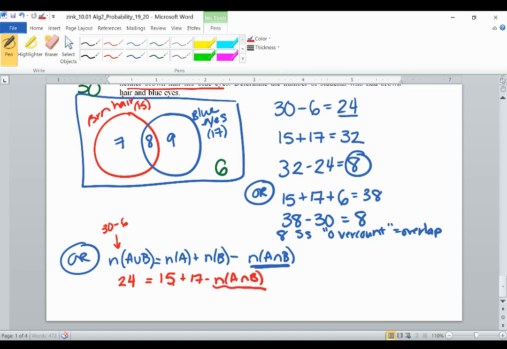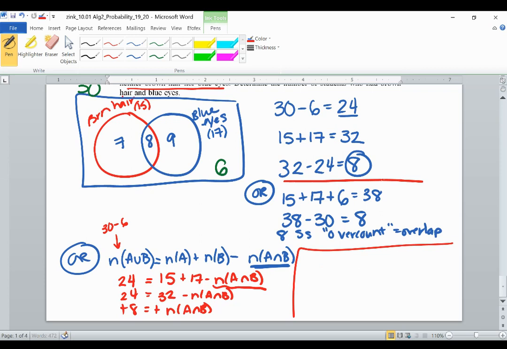So I would take my 15 plus 17, which is 32, and then subtract that over to the other side, get negative 8 equals negative intersection here, divide by negative 1 on both sides, and we get 8. So either way that you do it, you should end up with 8 students that have both.